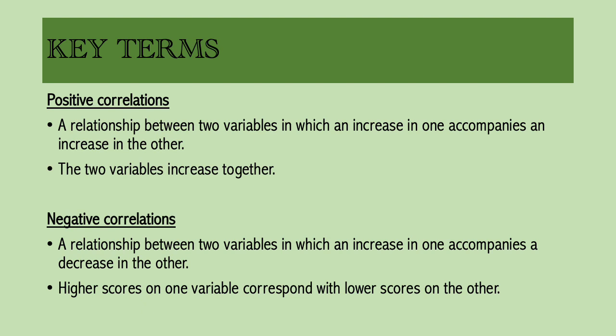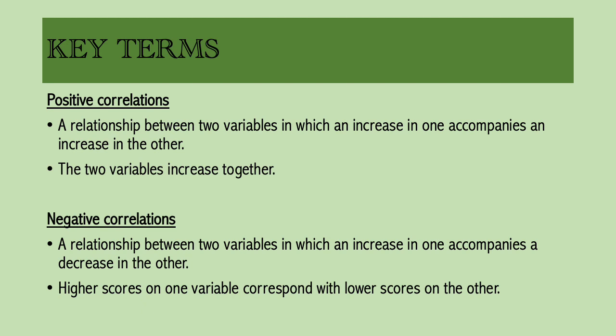Alright, now key terms. Key terms for correlation, there are two. I'm pretty sure you have heard this in maths class. Positive correlation and negative correlation. So correlation can give out a positive or negative effect. So positive correlation means the relationship between variables in which an increase in one accompanies an increase in the other one.